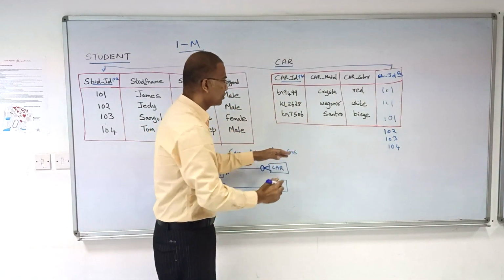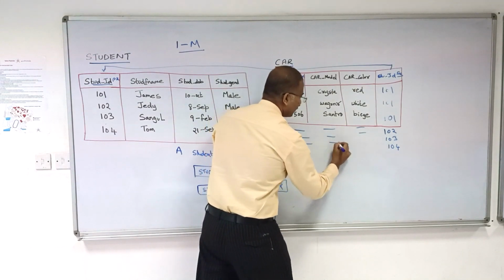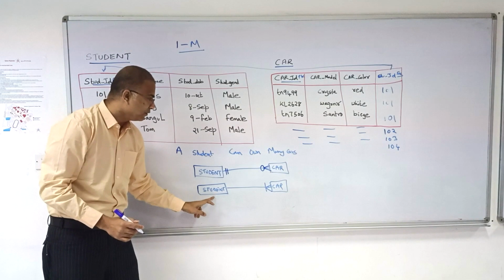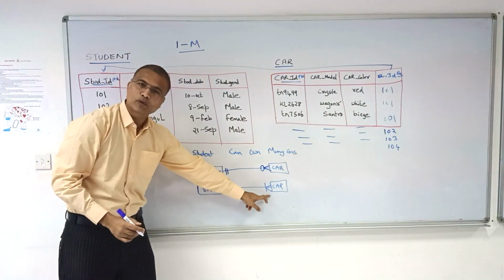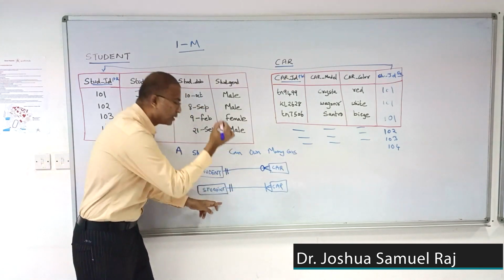If this is so, you may have entries here. Then this condition is satisfied. Every student has one or more cars, and every car belongs to one and only one student.